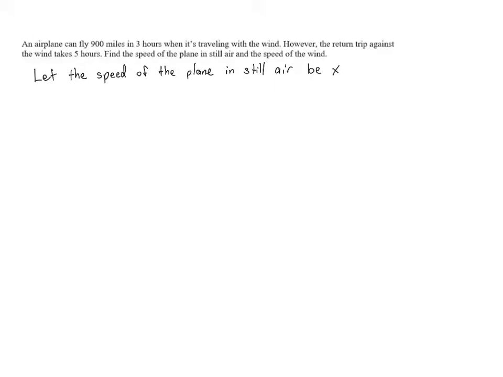When we say in still air, what we really mean is the speed that the plane goes with its engine, without the wind helping or hurting. It's just how fast the plane can go without any sort of a wind.